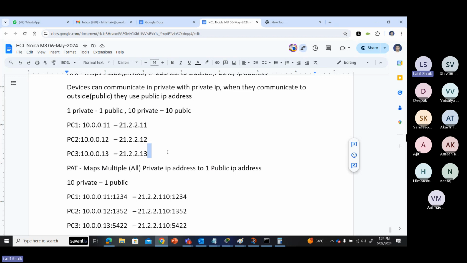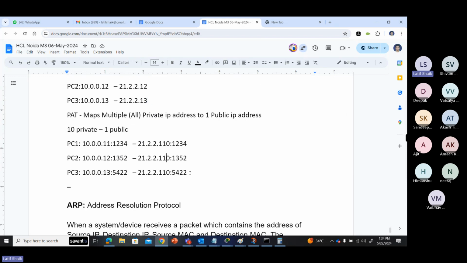That is NAT translation only, because this is a confusing technique. If I know your public IP, I cannot reach your device in PAT, because the same public IP is used by so many people inside your ISP, not only inside your home, inside your ISP itself. A lot of translations will happen.